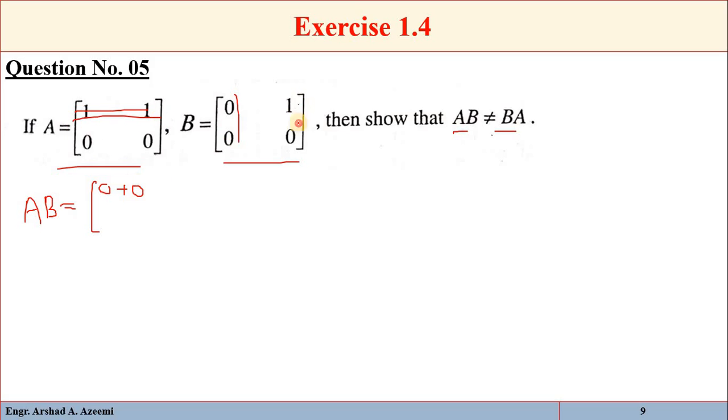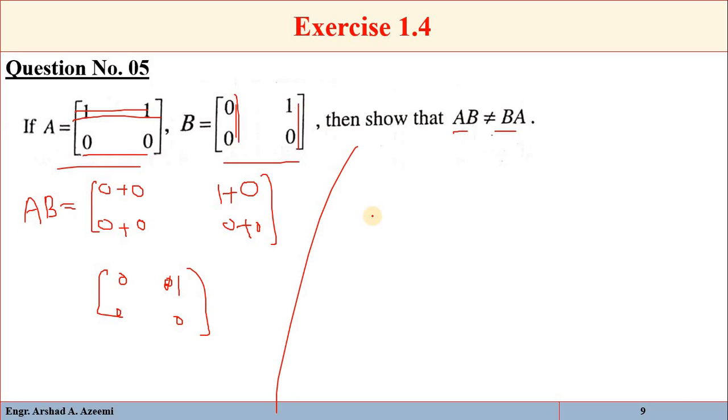Multiply this row by the second column, so 1 multiplied by 1, 1, plus 1 multiplied by 0, that is 0. Now multiply the second row by this column, so again it will be 0, 0, and that will be 0, 0. So the resultant is 0, 0, 0, 1 and 0.